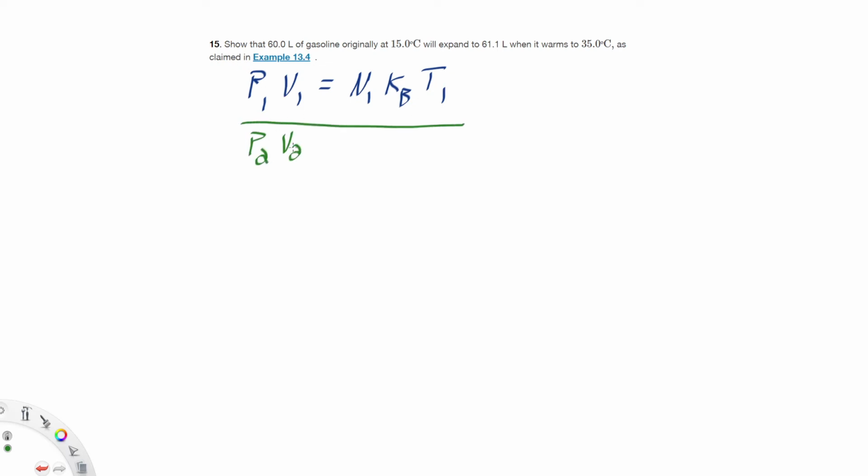Yeah, something like that. So Boltzmann's constant cancels. We're not allowing the quantity of gas to change, so the N's cancel. The pressure is not changing. It's being allowed to expand in volume instead. And so we get V1 over V2 equals T1 over T2.